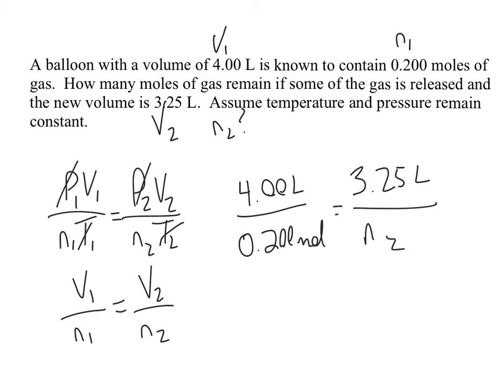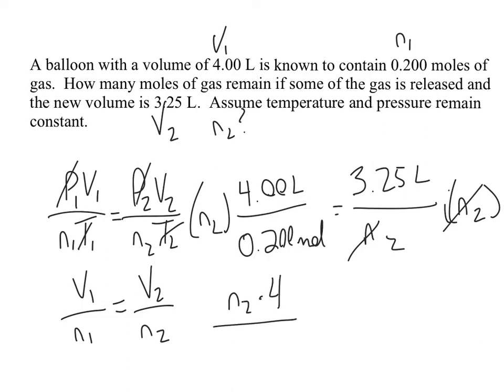Now you have to solve for N2, but it can't stay in the denominator, so I'm going to multiply both sides by N2, or you can cross multiply if that's what you're more familiar with. N's cancel out there, pops up on the other side, so I'd get N2 times 4 over 0.2 is equal to 3.25.